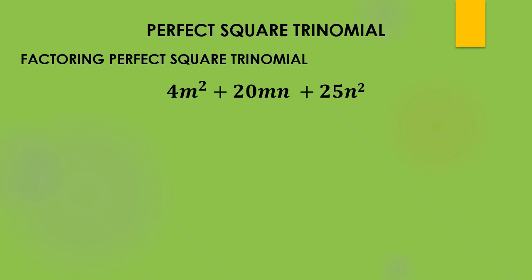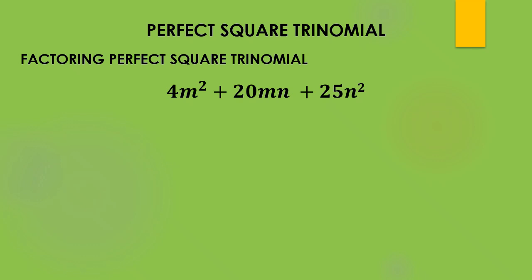And then, after identifying the expression as a perfect square trinomial, we can now factor this expression. So what is the factor of 4m squared plus 20mn plus 25n squared?